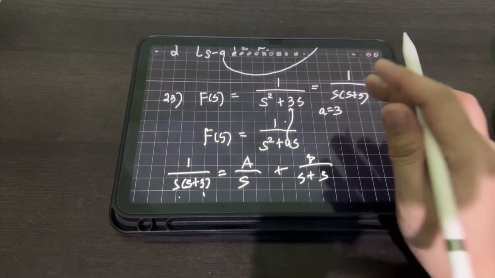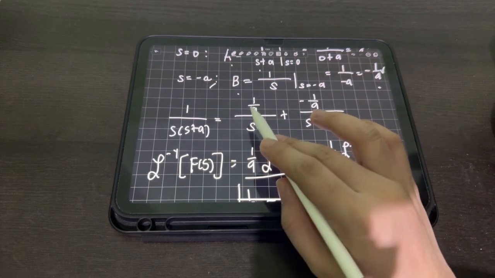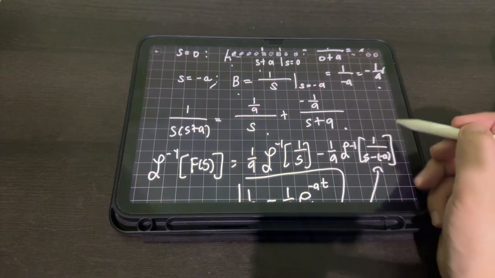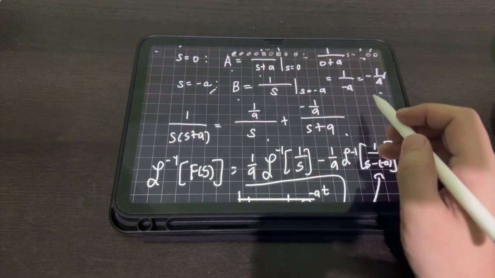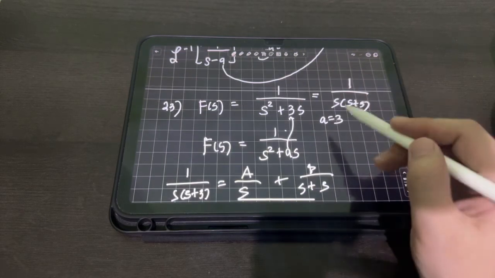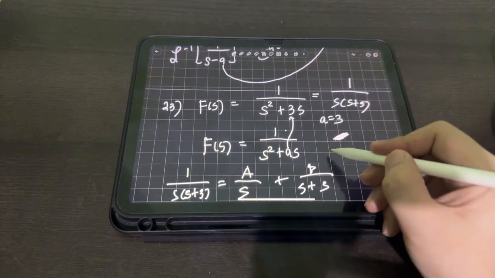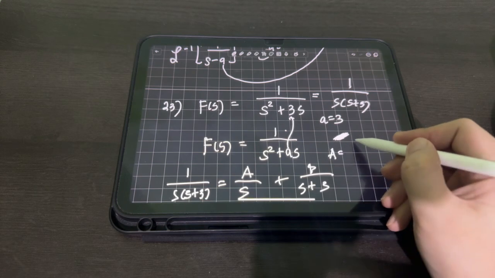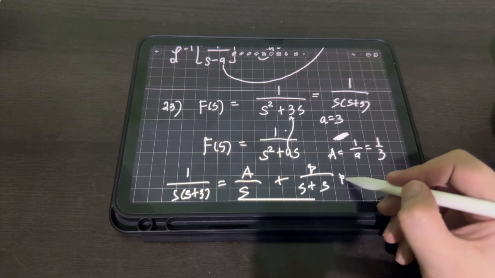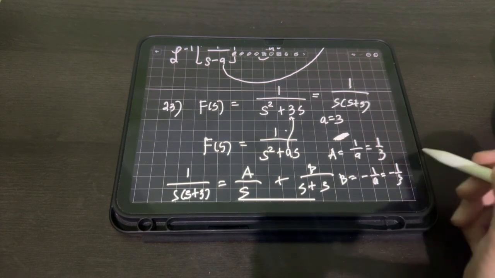If we copy the values of capital A and capital B, A is 1 over a and B is negative 1 over a. Comparing with the given a which is 3, we have capital A equal to 1 over a, which is 1/3, and capital B, negative 1 over a, which is negative 1/3.